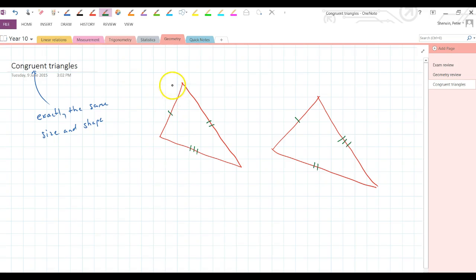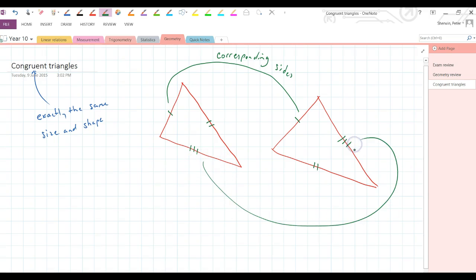So this is a word that we're going to use a lot. Corresponding. So they are corresponding sides. What that means is they're in the same position. Corresponding sides on different triangles. These two here are corresponding sides, and those two there, they match up. So if they're corresponding sides, then the angles that are opposite those sides, so this angle here is corresponding to this angle here.